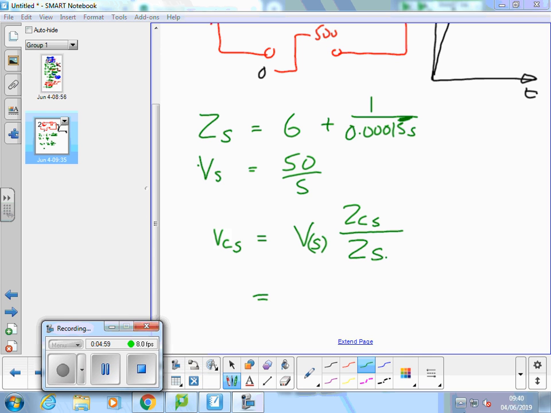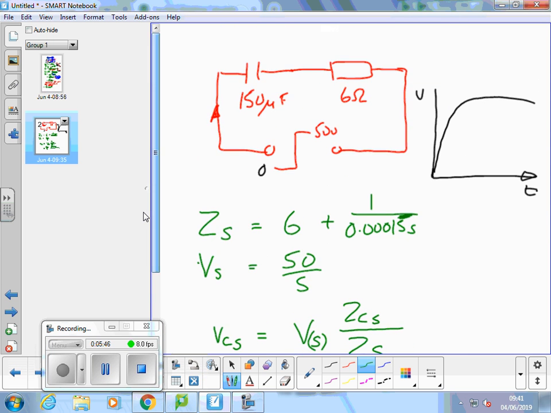So, writing that out, VS is 50 over S times ZC in the S domain, which is 1 over 0.0015 S, divided by... I've got 5 in the answers and 6 on the drawing. We better change it to 5 on the drawing then, don't we?